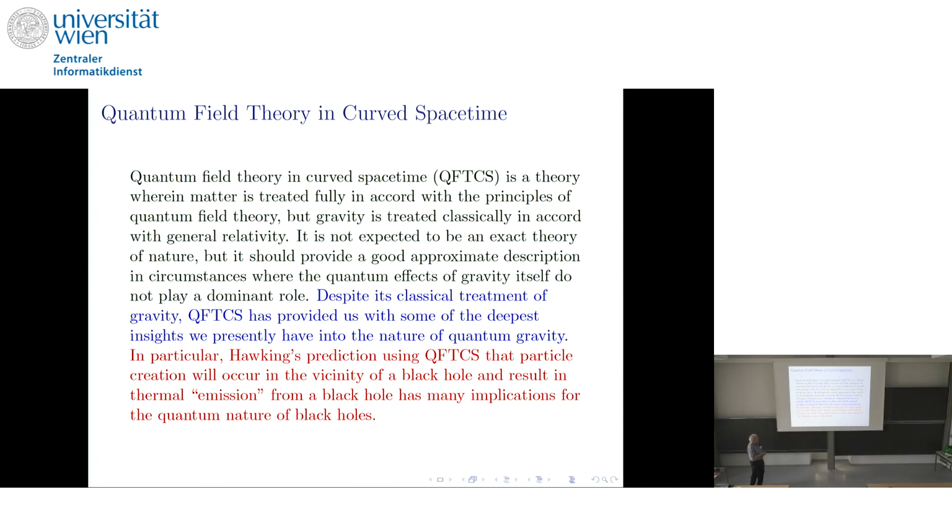And I think it's fair to say that although gravity is being treated classically, there's no question that this has provided us some very deep insights into the nature of quantum gravity, most strikingly the prediction that particle production occurs in the vicinity of a black hole. That certainly has a lot of implication about the quantum nature of black holes.